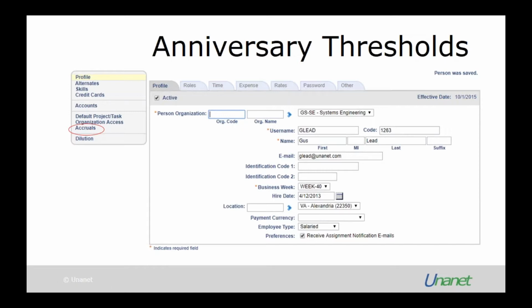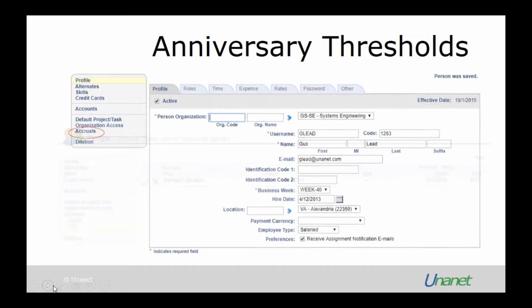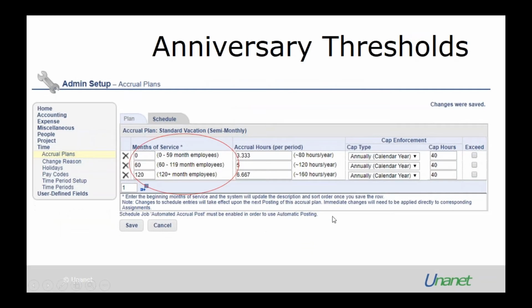Others will instead choose to manually adjust the user's balance for that one time period where they have their anniversary. That's only necessary if you don't want to use the proration that the system is built with for that one switch based on your service anniversary plan here. But just something to look for if you're looking at accrued leave.